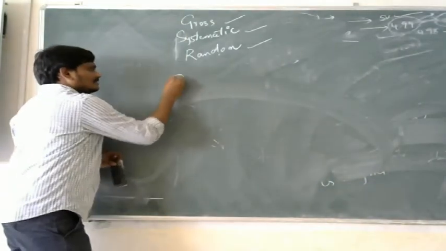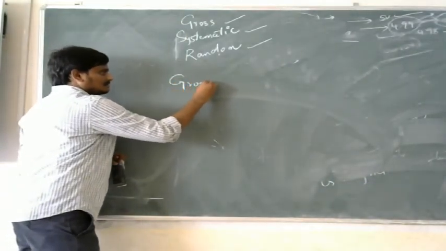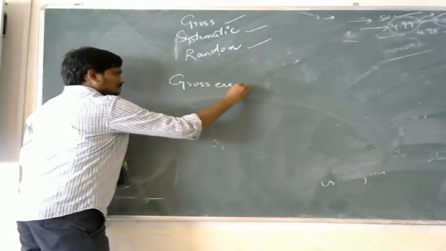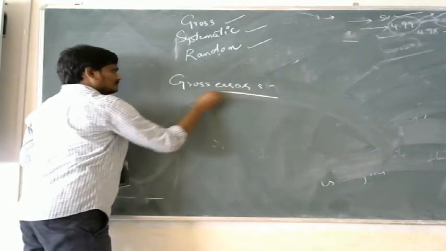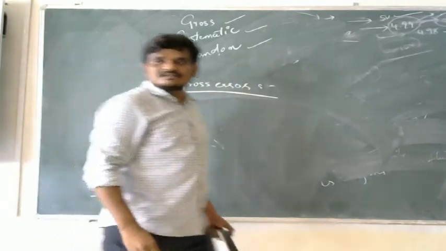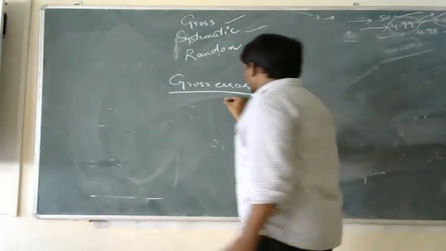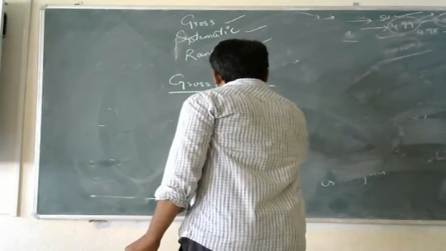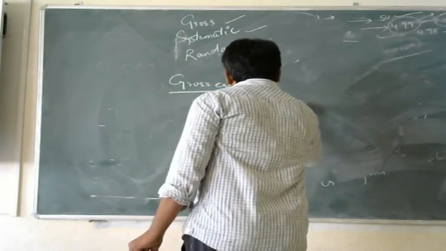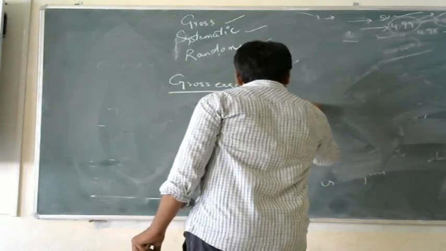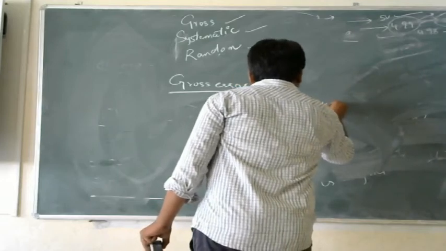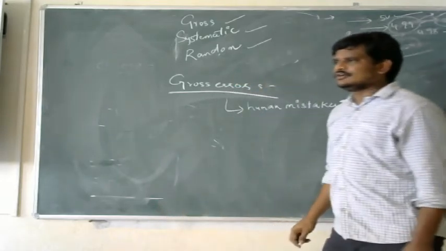Coming to the first one, gross error. Gross errors are the errors which mainly occur due to human mistakes.